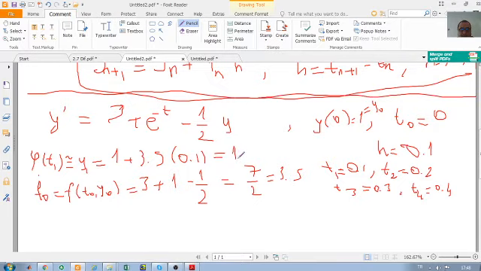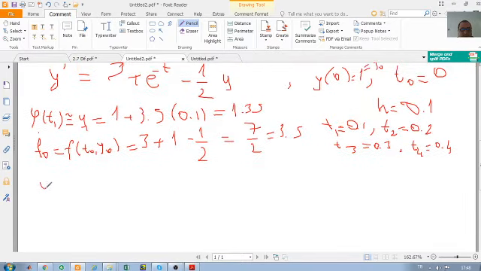So phi of 0.1 is approximately equal to 1.35 using the Euler method.